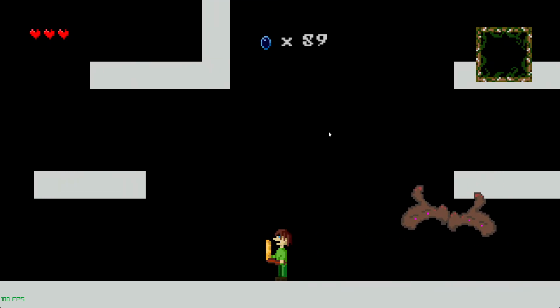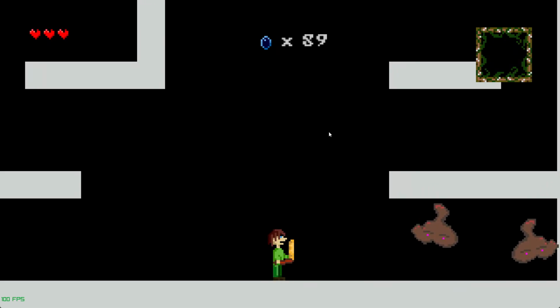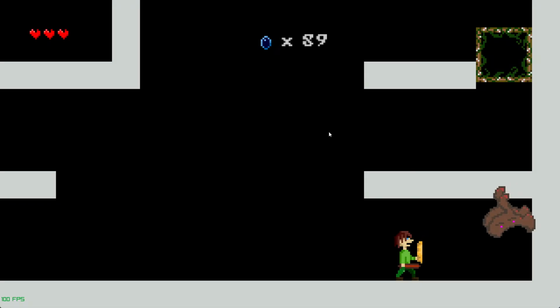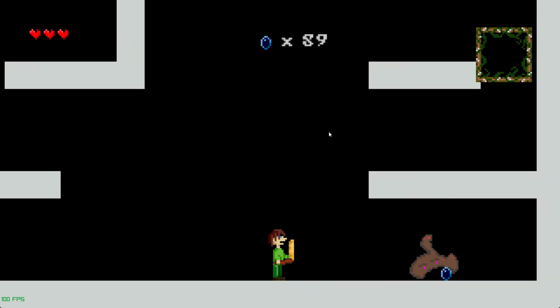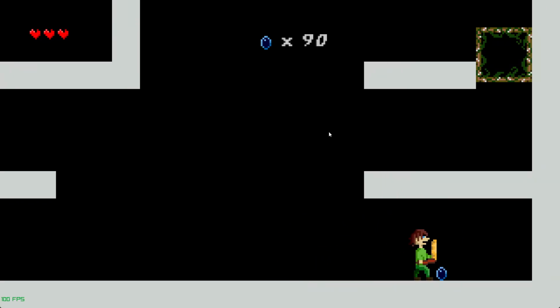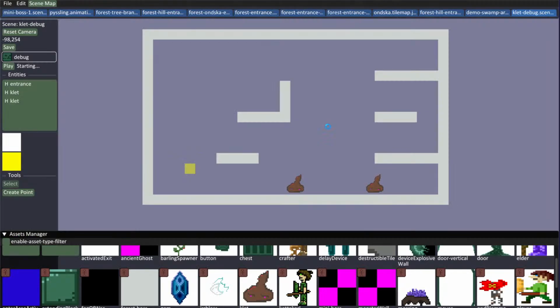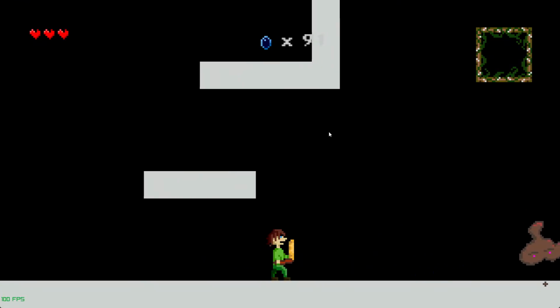I mean, this actually was kind of a fun enemy, to be honest. It's just bouncing around. Yeah, there we go.